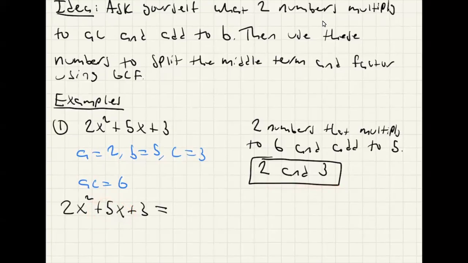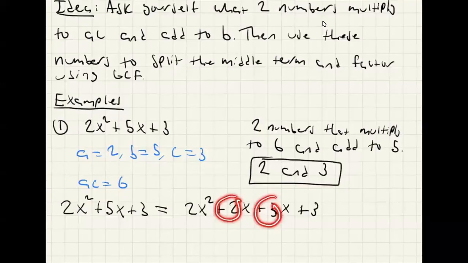So we're going to write this like 2x squared plus 2x plus 3x plus 3. The 2 and the 3 are coming from the fact that those are the two numbers we found when we asked what two numbers multiply to 6 and add to 5. So we have 2x and 3x, 2 and 3.